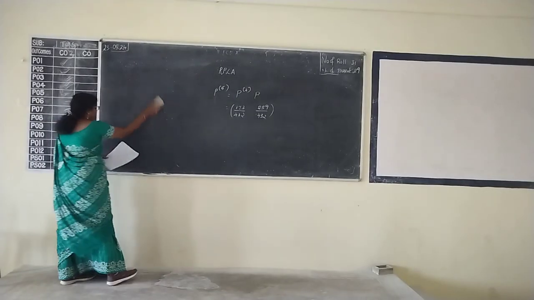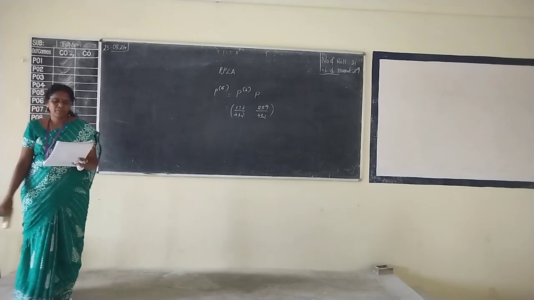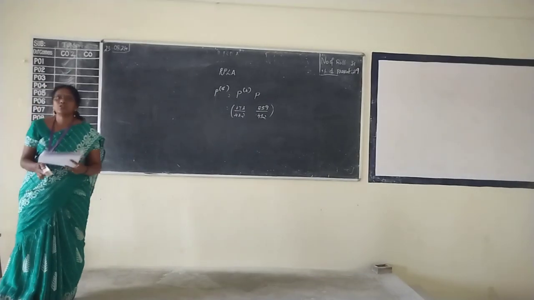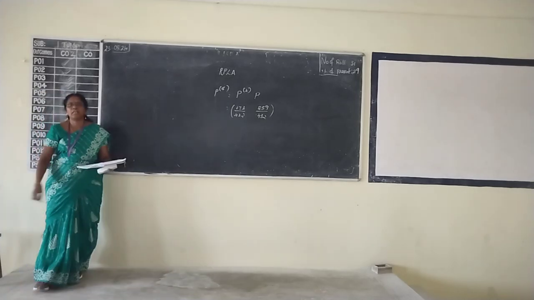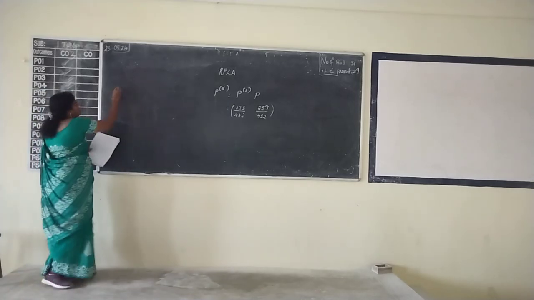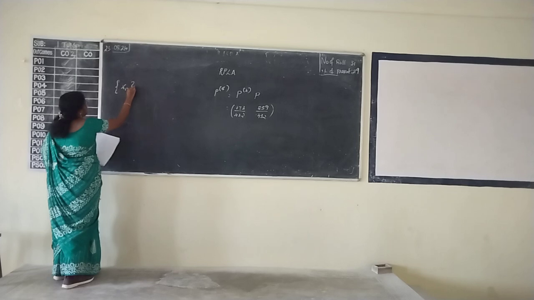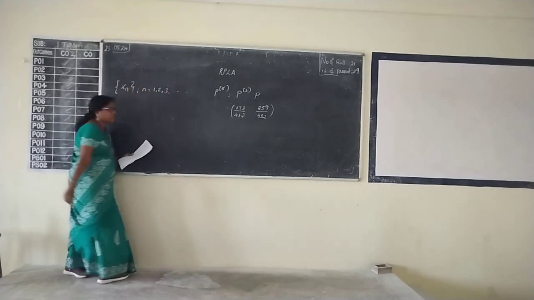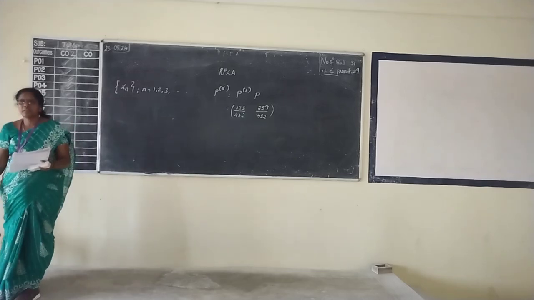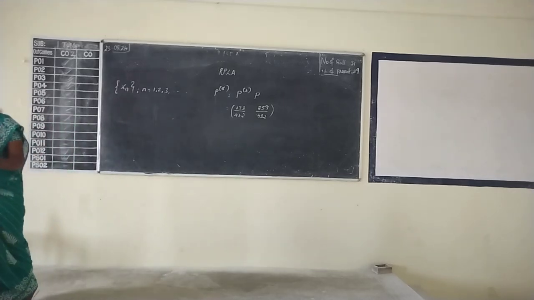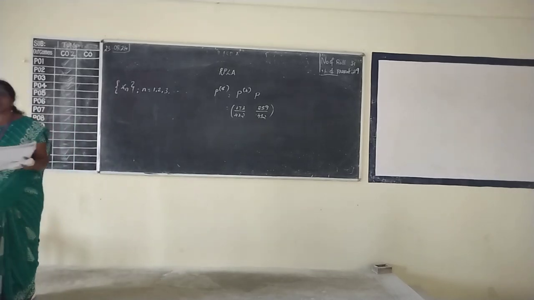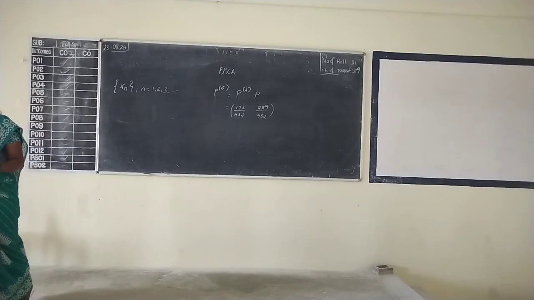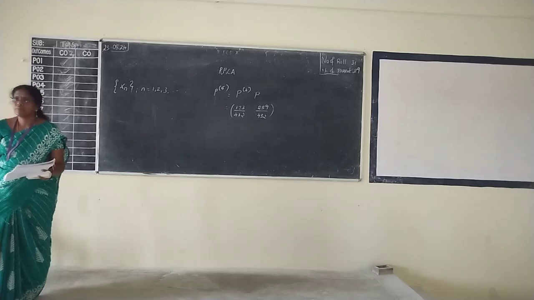So take the next one. Consider a Markov chain, the sequence X_n where n equal to 1, 2, 3, etc., having 3 states, 1, 2, and 3.